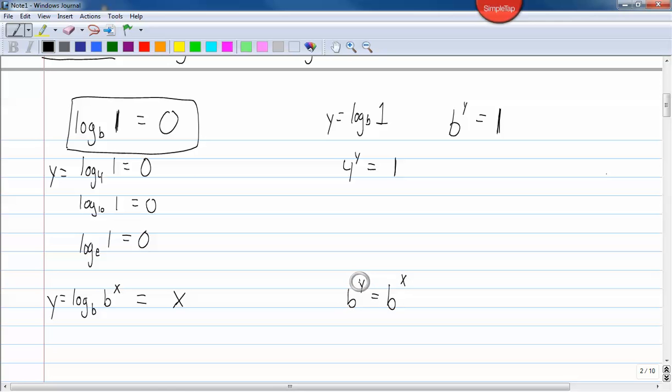So y is equal to x, because both of these are the same. So that's why we always get that x there. Okay? That seems confusing. Really what we're looking for is, does the base of the logarithm and the base of this, can they be written as the same number? If so, the answer is just the power.